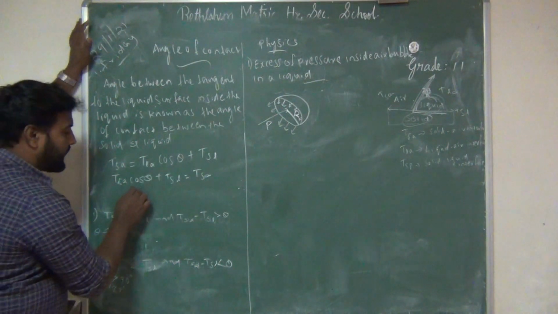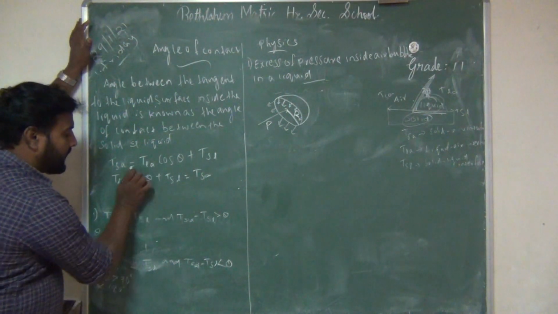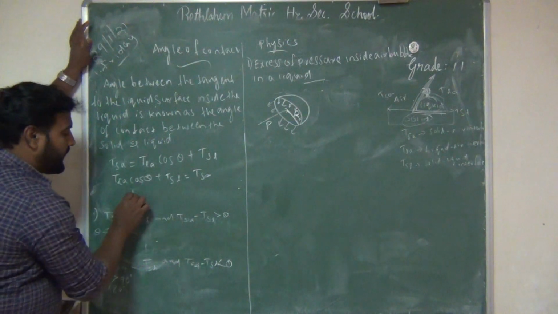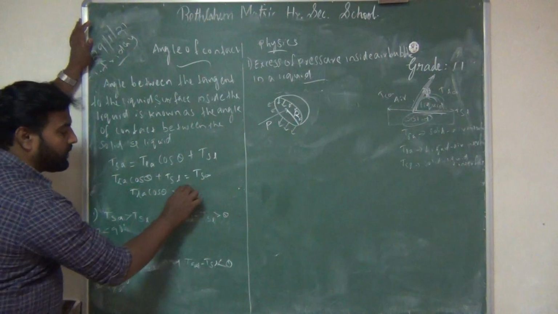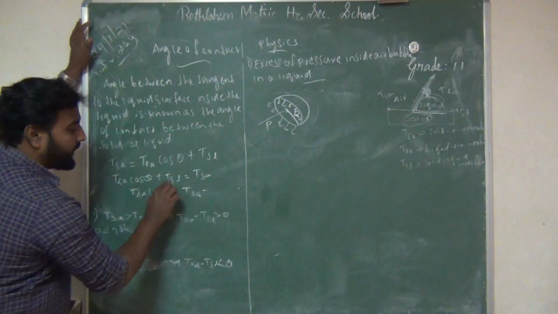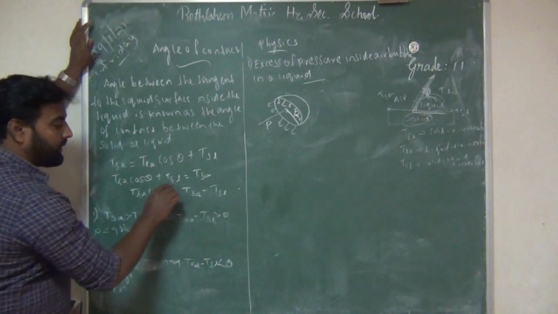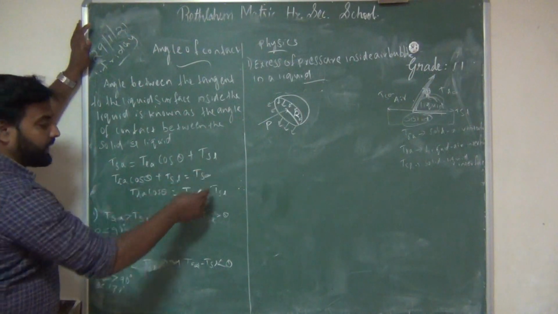Rearrange this equation and write TLA cos theta equal to TSA minus TSL. I have taken this TSL to this side.